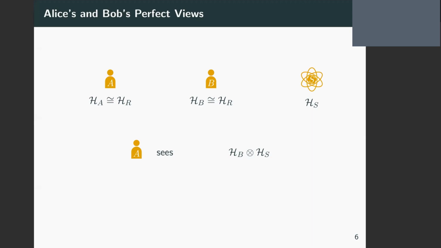So motivated by this, we now assume that using her perfect quantum reference frame, she can see the two Hilbert spaces of the other two systems, Bob and S, perfectly. So we give her full access. We mean with this that she can have any state that quantum mechanics allows on these two Hilbert spaces. You can have any observables, you can do anything, because she has a frame that allows her to do so. Basically, she has a lab frame for these two systems.